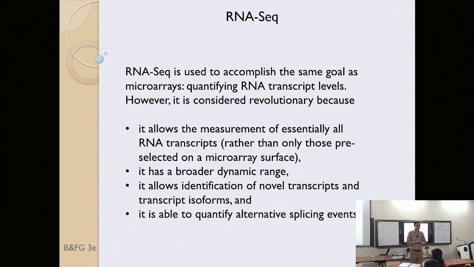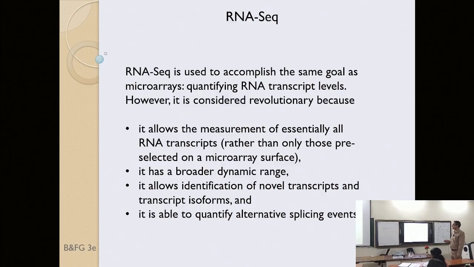RNA-seq can help in identifying these splice isoforms. You can get the data, and there are computational tools that can resolve the isoforms that are there in the data. Okay, let's keep going with these slides.